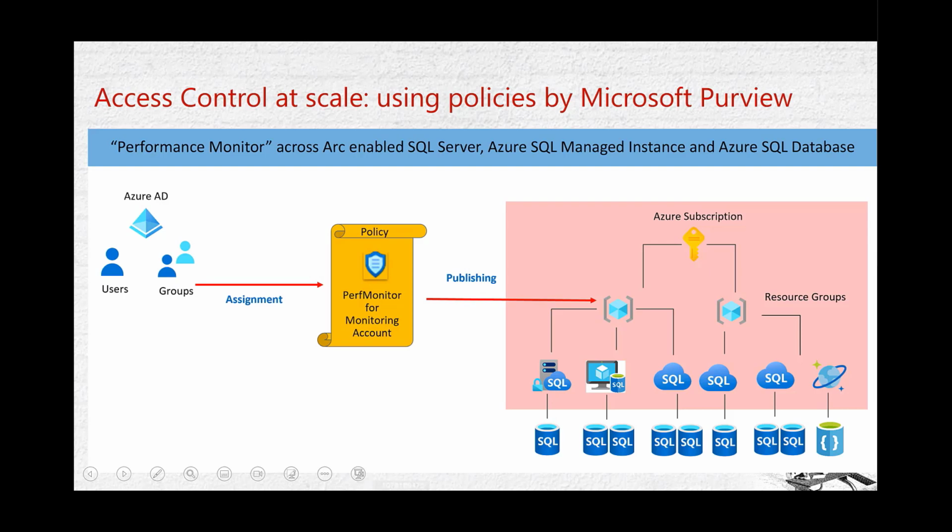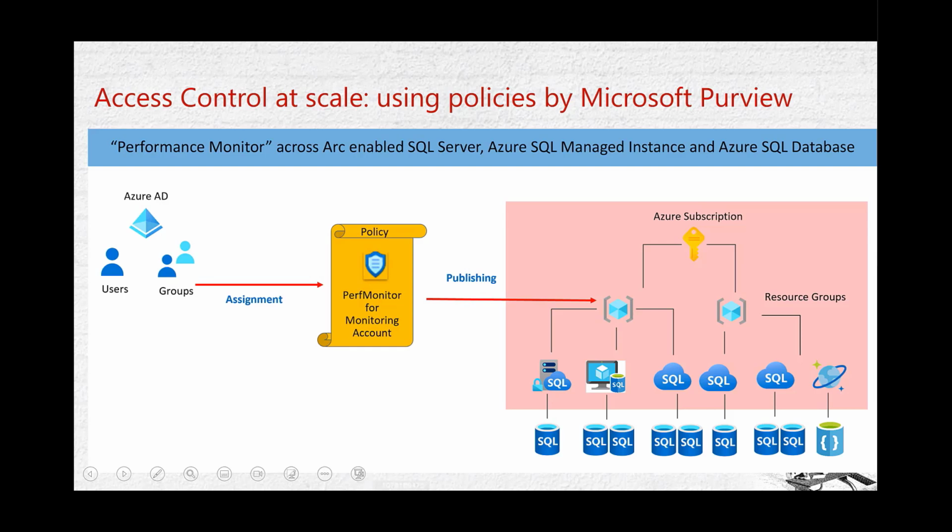This is where Microsoft Purview is used as a policy provider, where you define which level of access any of these personas has at the scope where you publish these policies. Publishing is the term that Microsoft Purview uses for applying these policies at a given resource level.